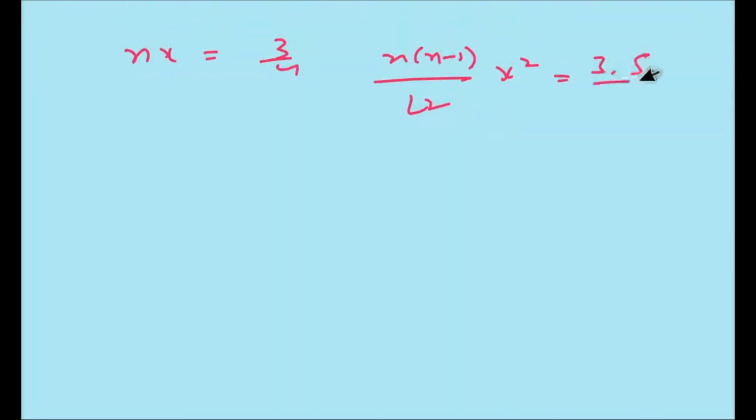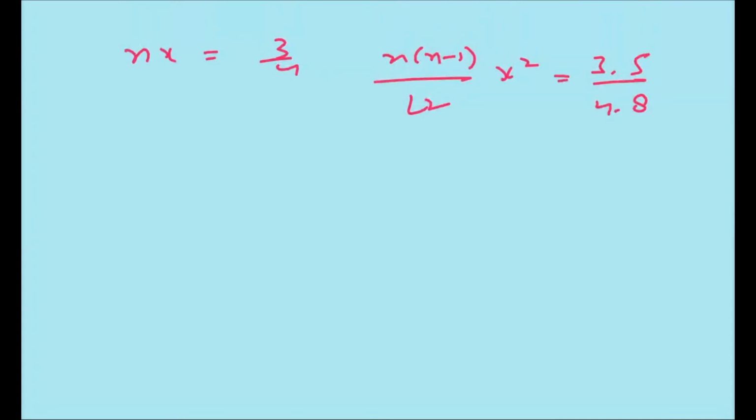We find nx equal to 3 by 4 and n(n minus 1) upon factorial 2 x square equal to 3 into 5 upon 4 into 8. Now solving these two equations, we can get the value of x and n. So we can get the solutions. Okay, so let us start to solve this question.